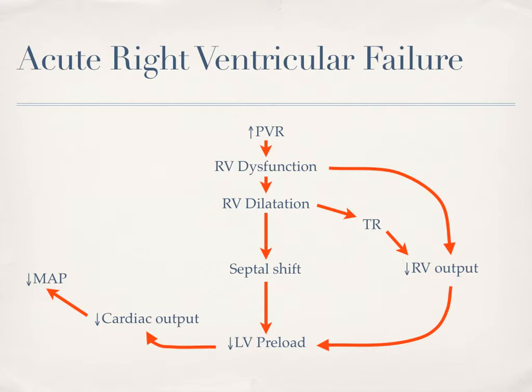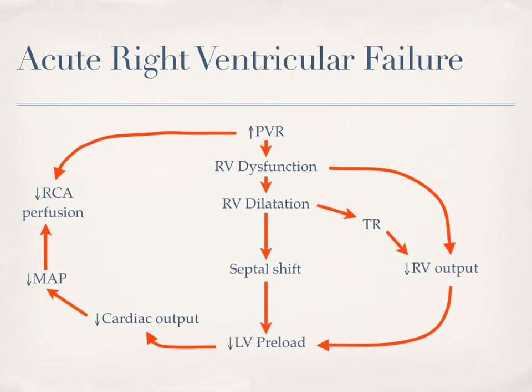So we've got decreased left ventricular preload by those two mechanisms, then we're just going to have decreased cardiac output and decreased mean arterial pressure. Remember that the mean arterial pressure, or particularly the diastolic pressure, is important for coronary artery perfusion.